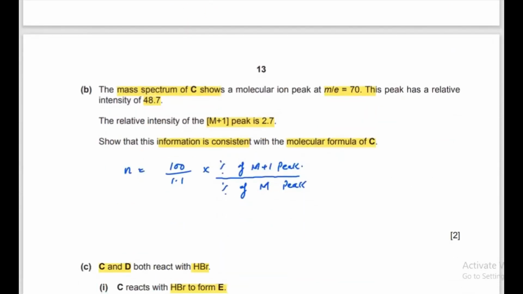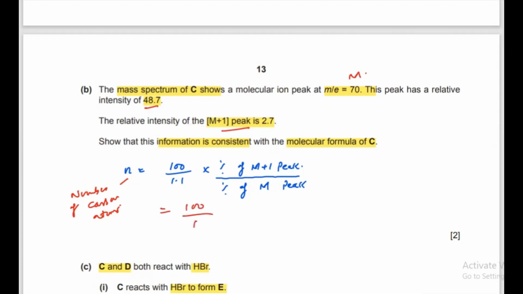Now the mass spectrum of C shows a molecular ion peak. This is the M peak, and the relative intensity is 48.7. The relative intensity of the M+1 peak shows that this information is consistent with the molecular formula of C. Now we can find the number of carbon atoms. This formula is used to find the number of carbon atoms in a compound: 100 by 1.1 times the percentage or intensity of the M+1 peak over the percentage or intensity of the M peak.